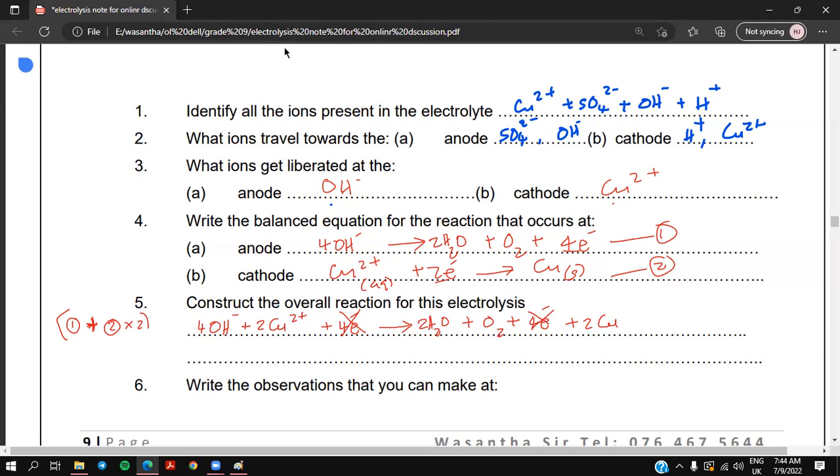The remaining species are 4OH- plus 2Cu2+ on the left-hand side, and they produce 2H2O plus O2 plus 2Cu. This is the balanced equation for the electrolysis.